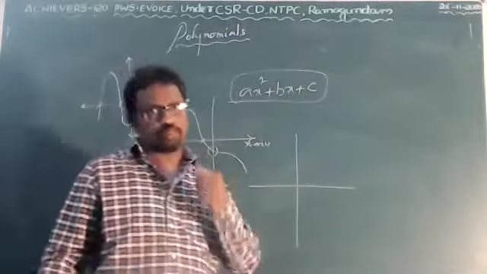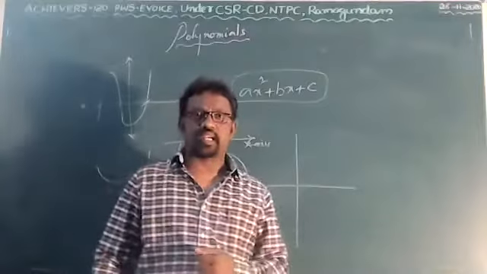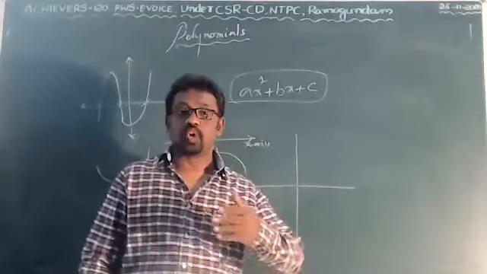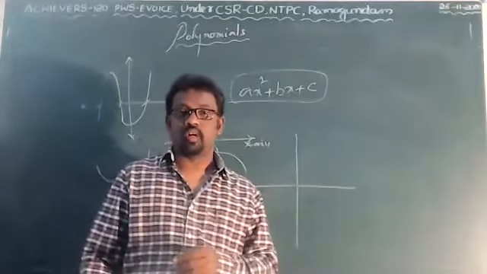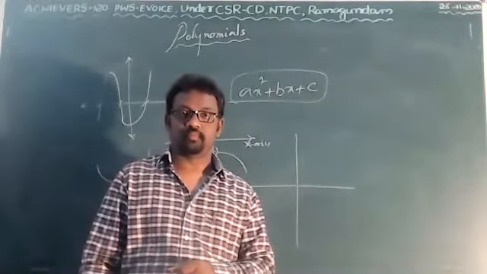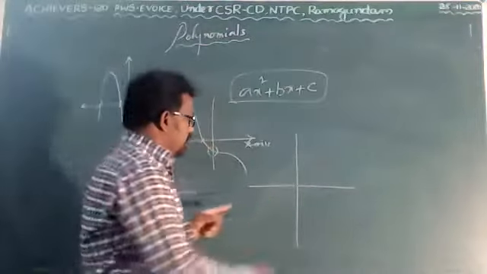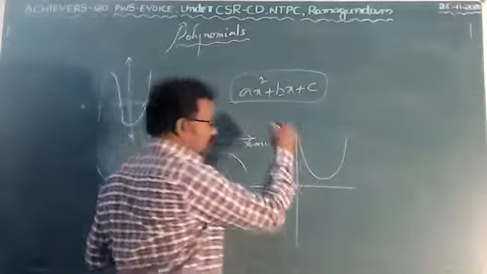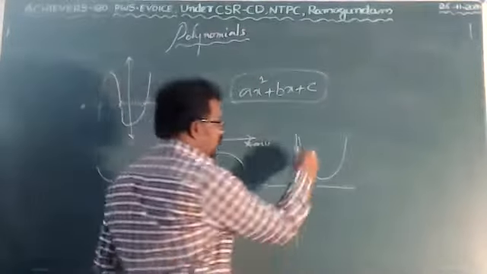And there are types of polynomials. Just now I said more than two terms, which includes the sum or subtraction. So here is one of the shapes.